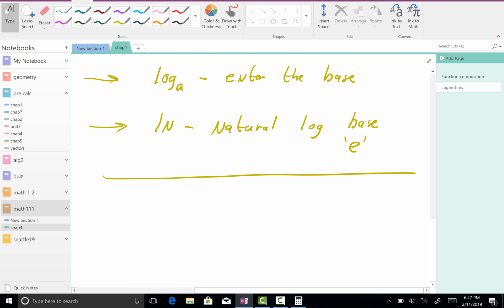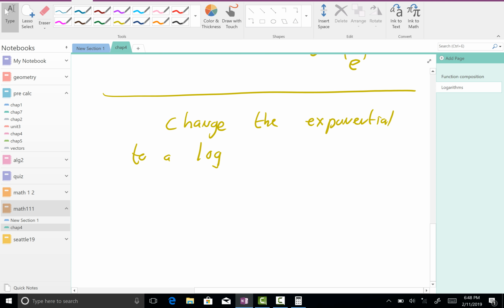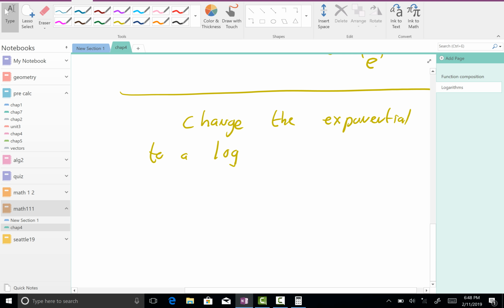Okay, let's do this first. Here are some questions they're going to ask you to do. Change the exponential to a log. So if we have 5 to the 4th is equal to 625, we want to write this as a logarithm.